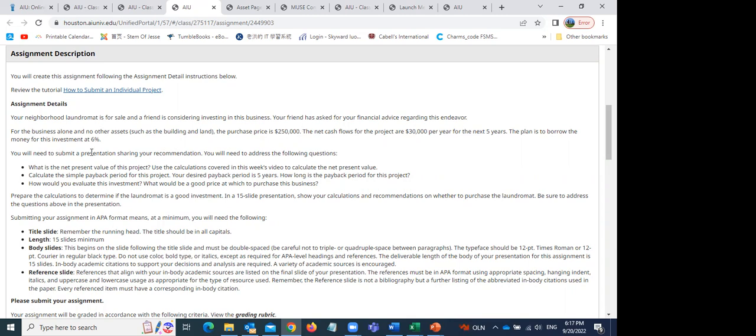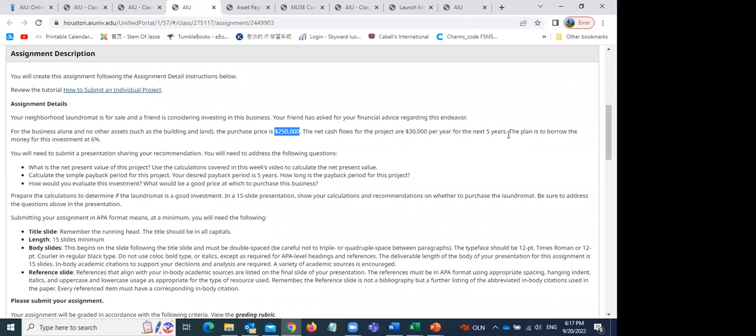For the business alone and no other asset, the purchase price is 250,000. The net cash flow for the project is 30,000 per year for the next 5 years.